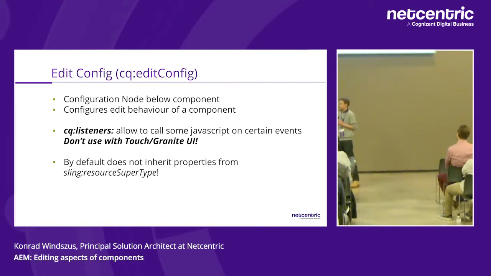And I just want to highlight one thing here. CQ listeners is probably the most common place why you need that in the first place. This is no longer true, because CQ listeners, as I said, allow you basically to hook into those events, but they have three very severe drawbacks with the touch UI.